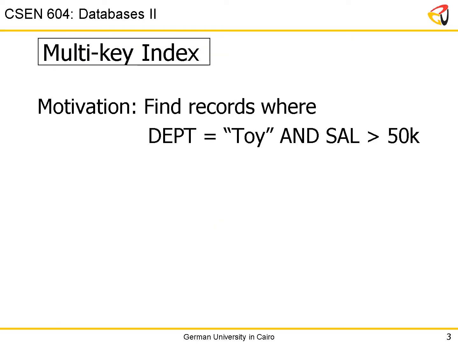Why is this interesting? Well, most of the time you're actually coding queries that have several terms. For example, here, select star from where department equal to toy and salary greater than 50K. This type of query is the most common query you would ever write in terms of the selects. In most cases, you're actually querying more than one column at the same time.